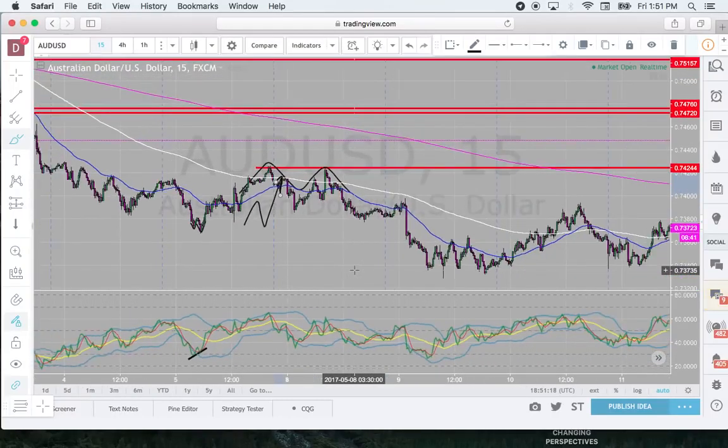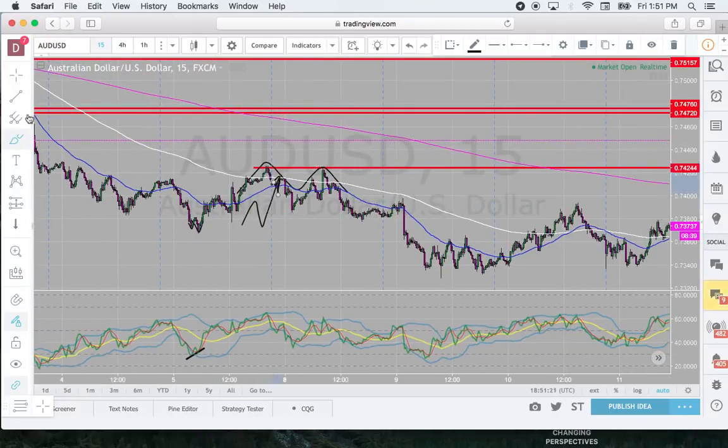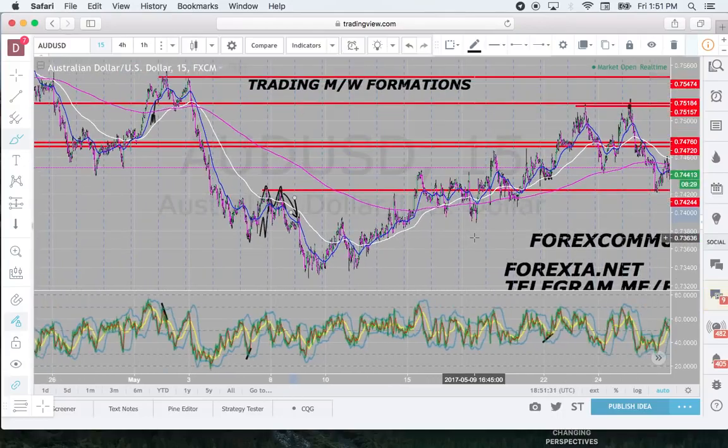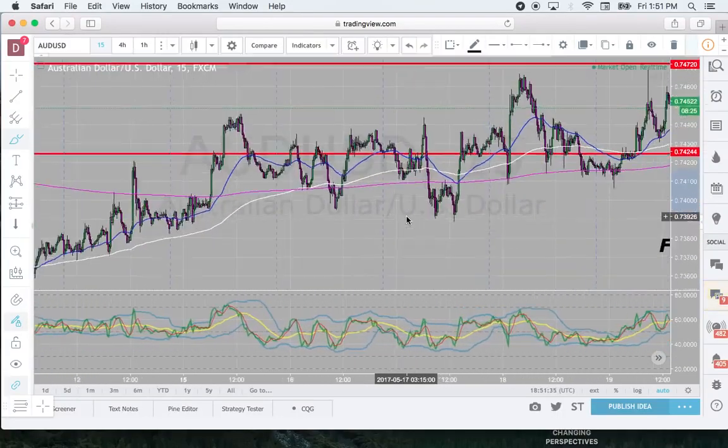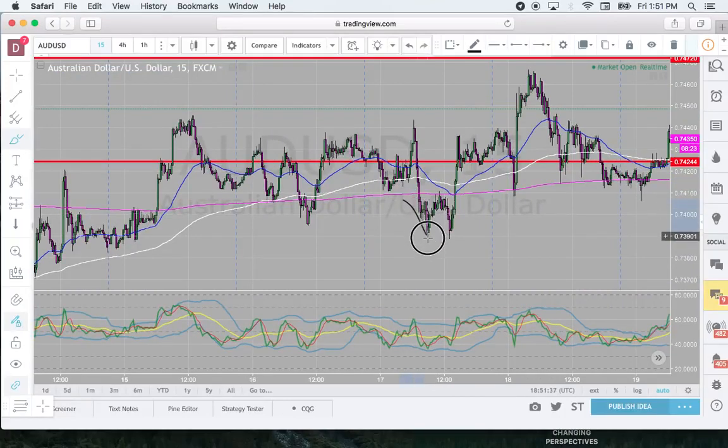And you can see right there, they trap as many people as they can on that buy, and then they totally destroy them. You can see it happens here again, the big fat W.